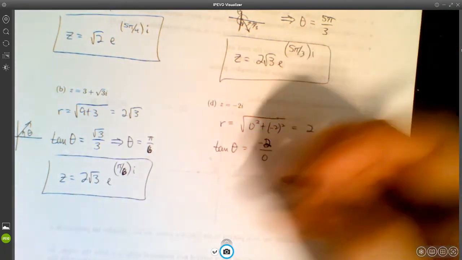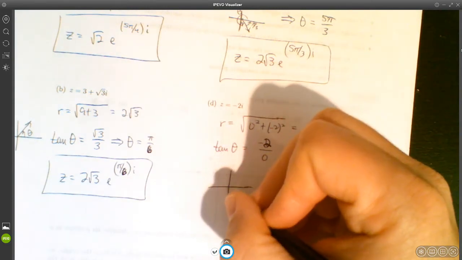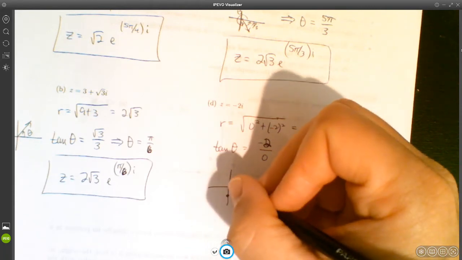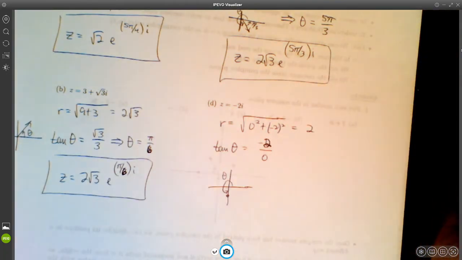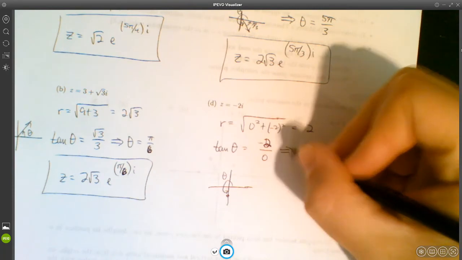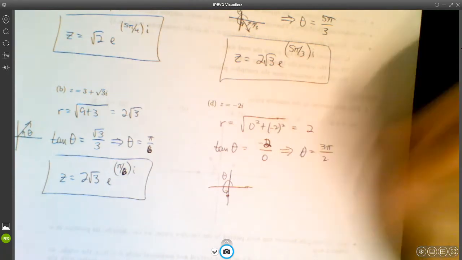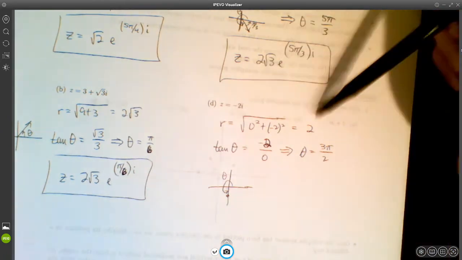Well, here's what's going on, right? If you draw a picture, sometimes a picture really is worth 1,000 words, right? There's z right there. It's negative 2i. So you can tell that theta is actually 3 pi over 2, right? Theta is 3 pi over 2. And not only that, but you could have seen that r was going to be 2.